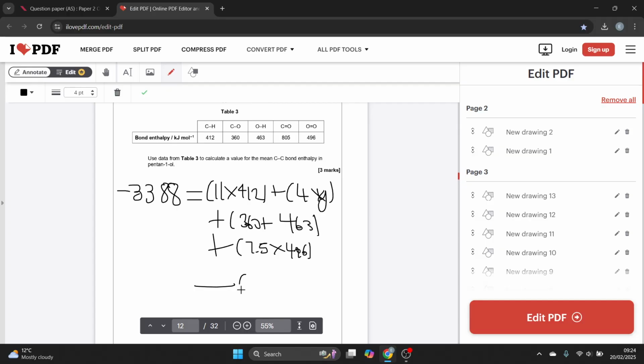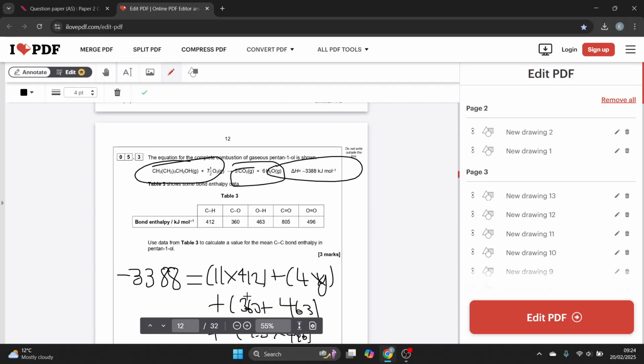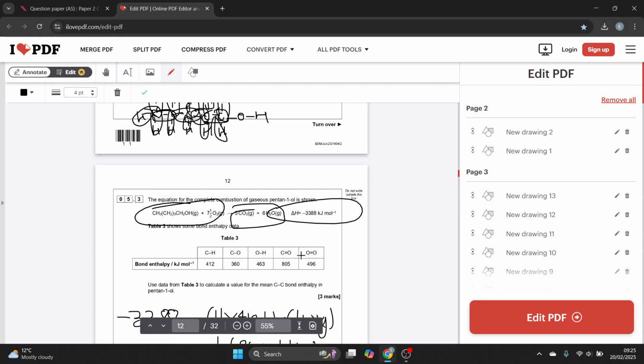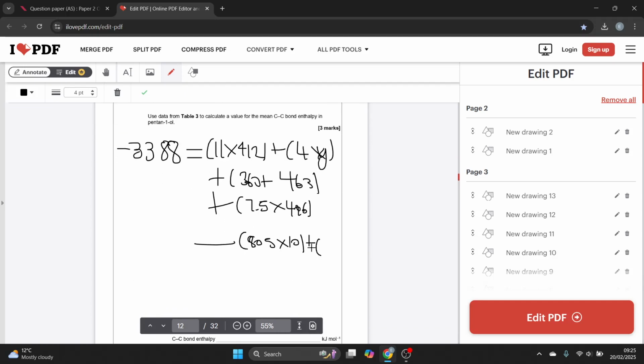Minus energy released when new bonds are formed: 4 CO2. So we've got C double bond O, C double bond O, so 805. Basically, it's going to be C double bond O, 805 times by 8, and 5 H2O, so 463 times by 10. Then collect like terms.